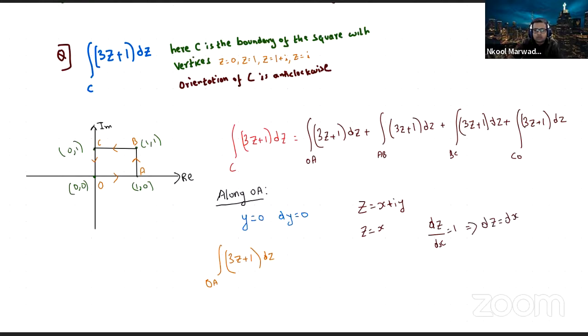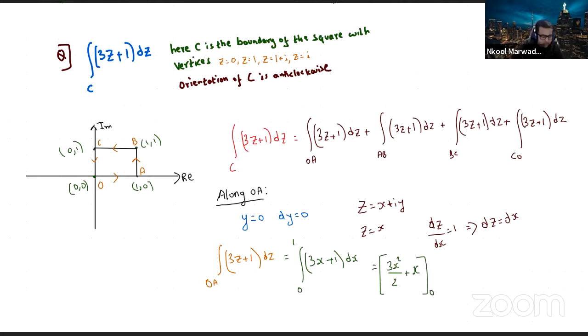So now I can do this. Now what will I get? x is varying from 0 to 1. Instead of z, I can write x, because z is equal to x, so 3x plus 1. Instead of dz, I can write dx, which we just now saw. And when I integrate it, I will get 3x square by 2 plus x, with the limit 0 to 1.